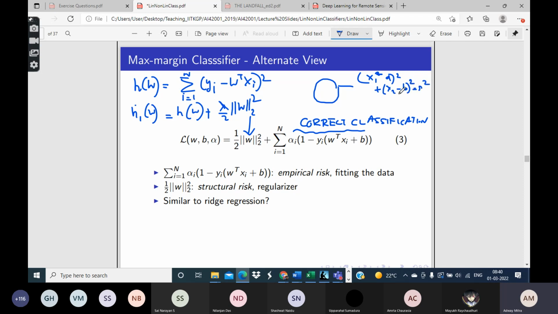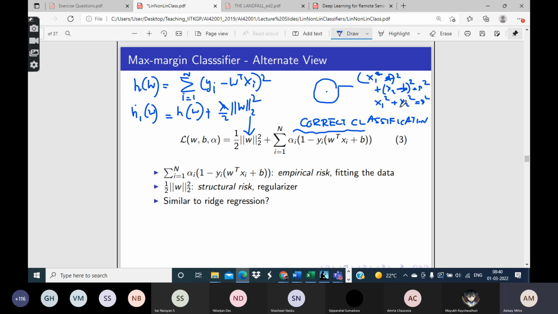This is the equation of a circle which we know. If you consider the center of the circle to be the origin, which means a and b are zeros, then it becomes x1 square plus x2 square equal to r square.